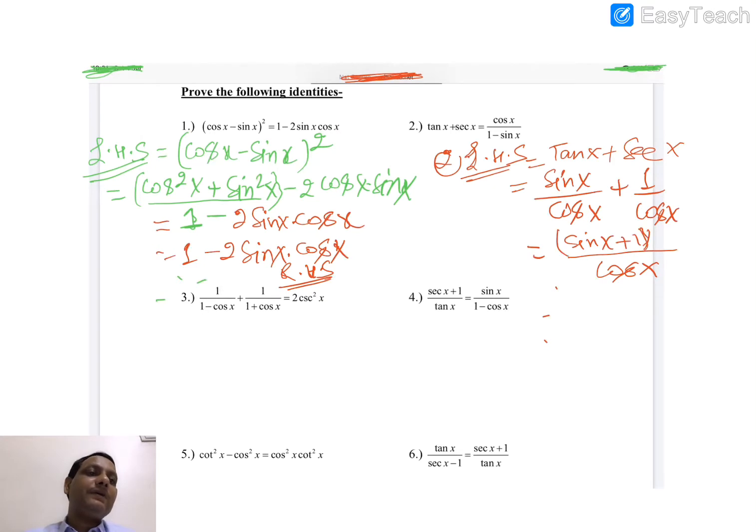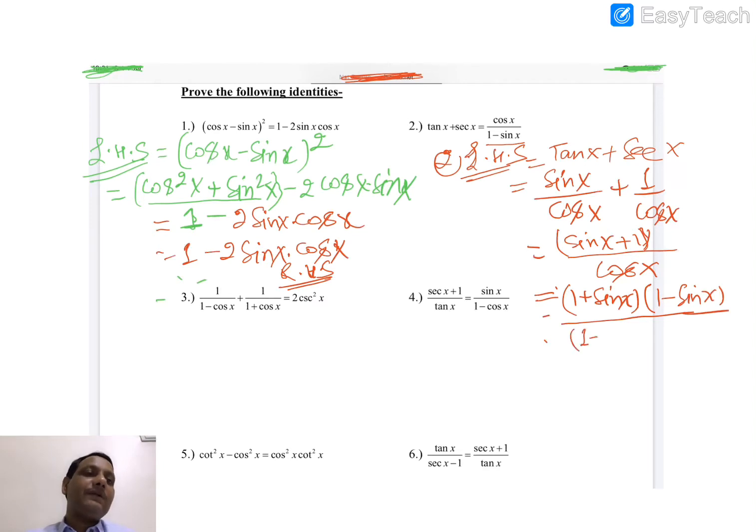Now if you understand till here, we have to get the denominator 1 minus sin x. So this is a clue on how to do it. You can write 1 plus sin x, and then we multiply numerator and denominator by 1 minus sin x, according to our requirement of the right hand side.